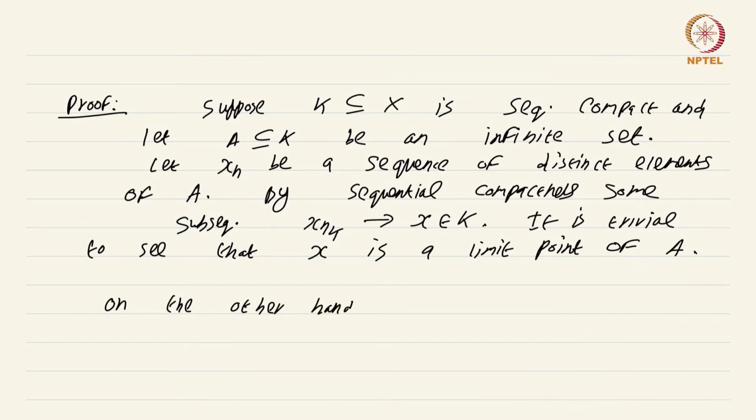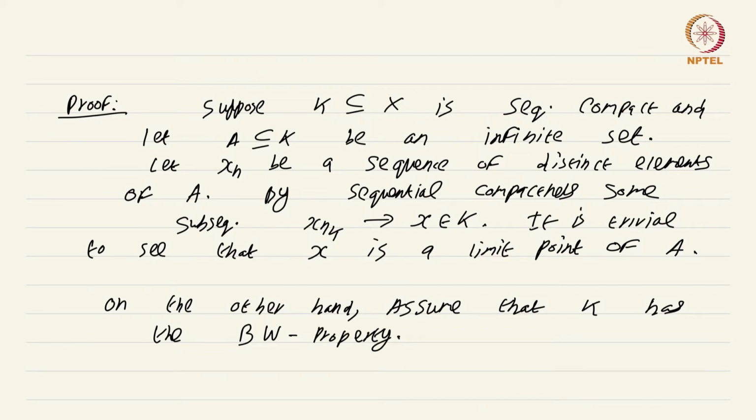assume that K has the Bolzano Weierstrass property. I'm getting tired of remembering the correct spellings of Bolzano and Weierstrass, so I'm just going to write BW property for the sake of not making a typographical error in the name. Okay.